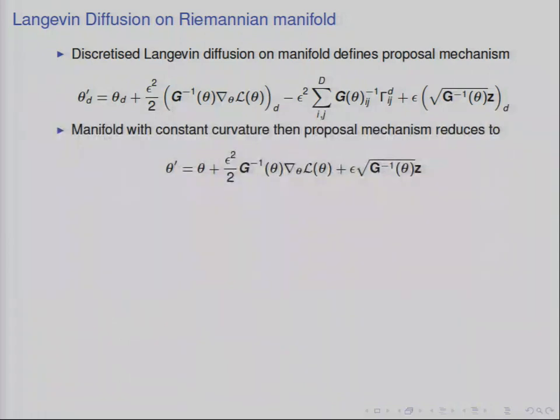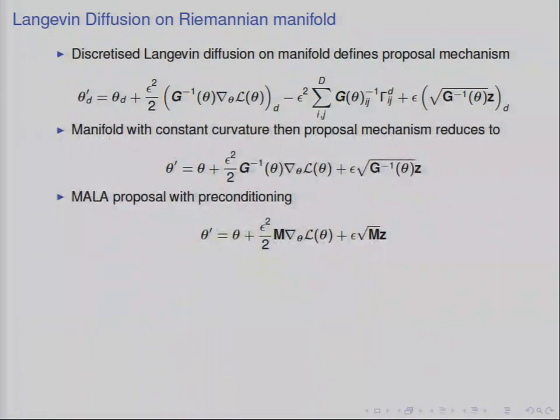If you remember when I presented the Langevin proposal mechanism, the main issue was the sphericity of this diffusion, and I said that what numerical analysts would typically do is they would precondition the system of equations with some sort of matrix, and of course the question was, well, how do we select this matrix?